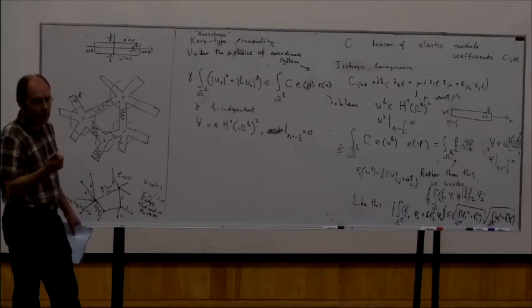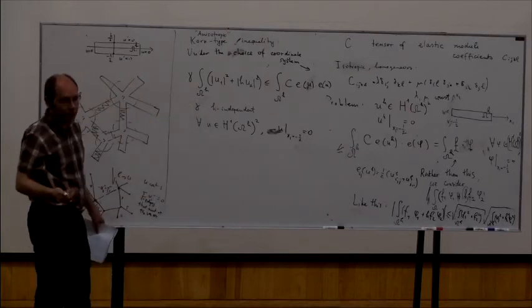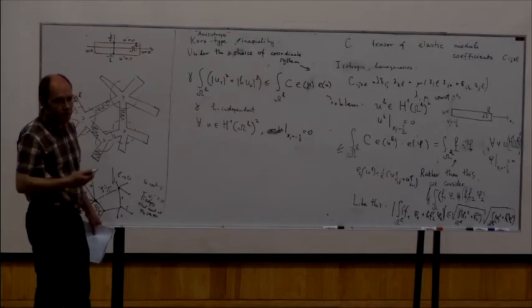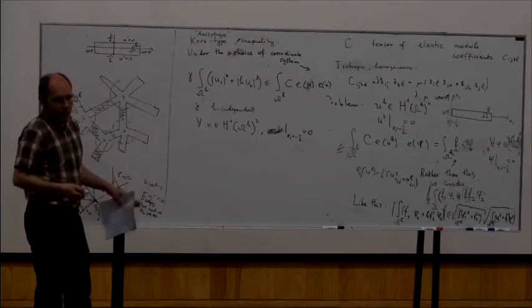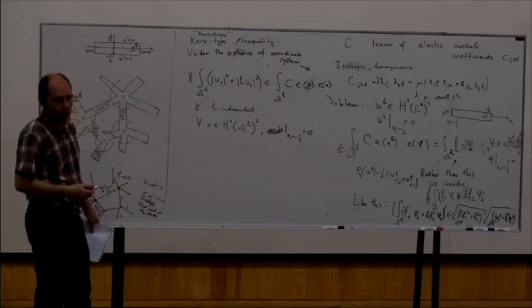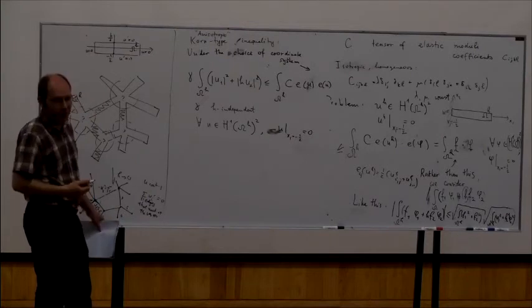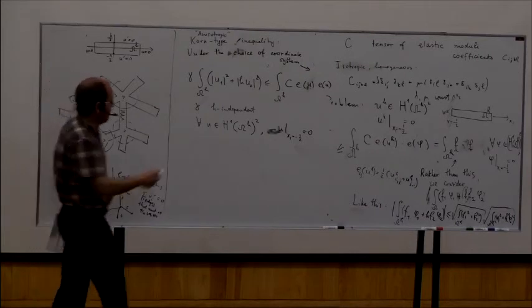We noticed that the corresponding constant was the lowest eigenvalue of some operator, then worked it out by separation of variables. It was 2 pi squared in the case of the Neumann problem, and something larger, 2 pi squared times 1 plus 1 over h squared, in the case of the Dirichlet problem. That was straightforward, but it won't work here. First of all, because you don't have separation of variables, and second, because it's anisotropic.